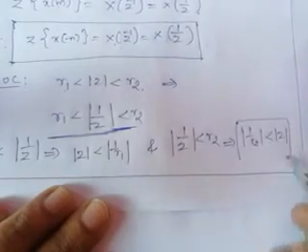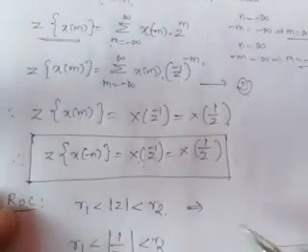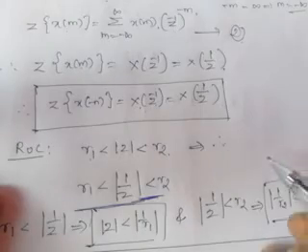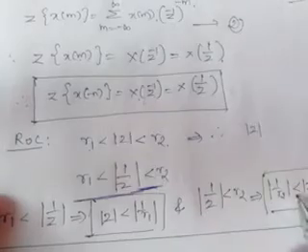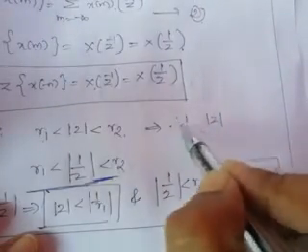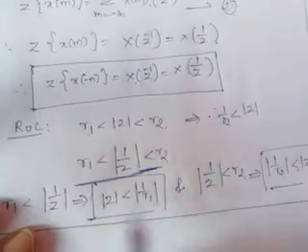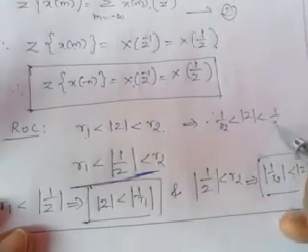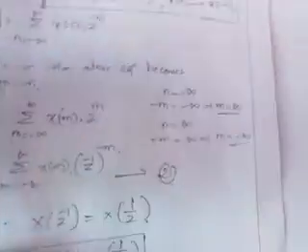Together, we write mod of z is greater than 1 by R2, which is less than 1 by R1.